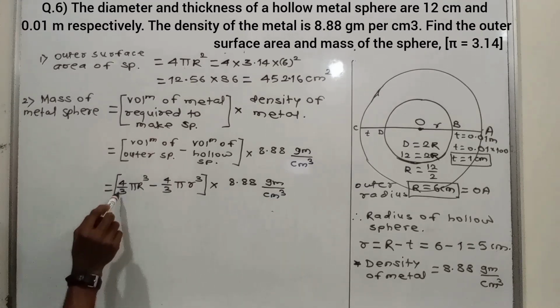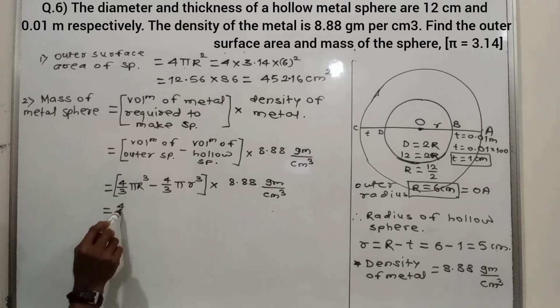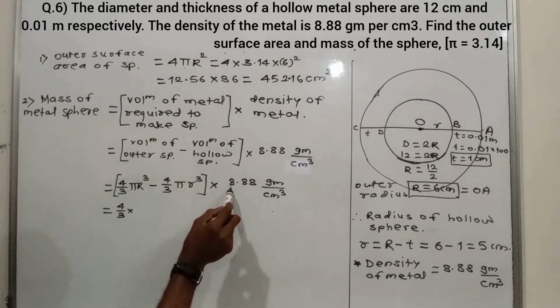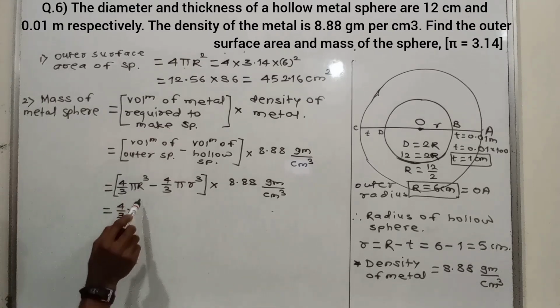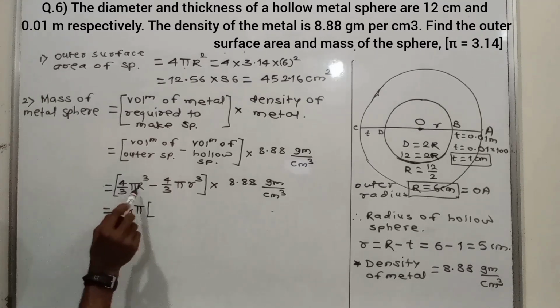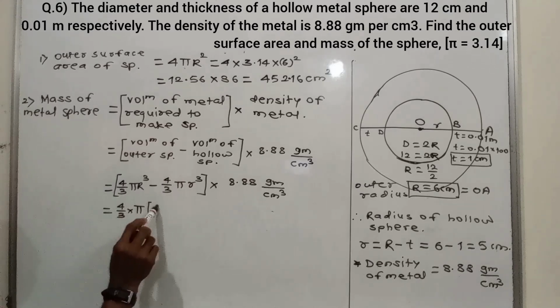Now here 4/3 pi. Now 4/3 pi common. Then what is left here?